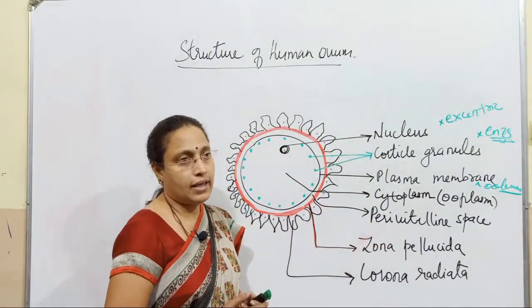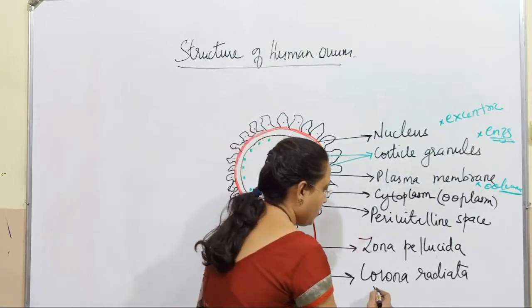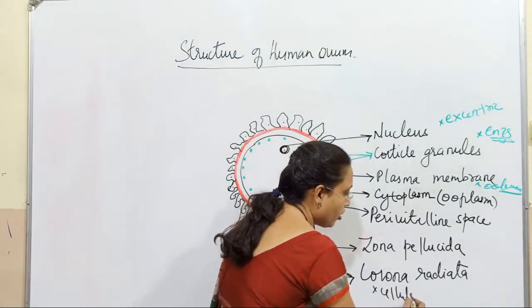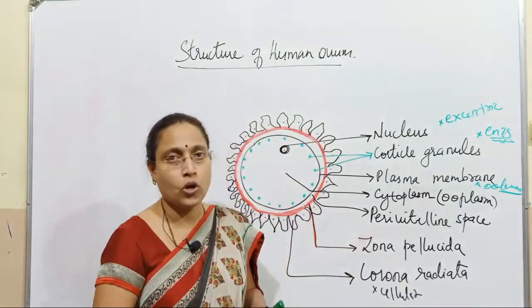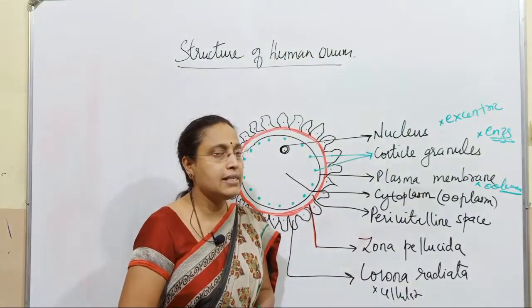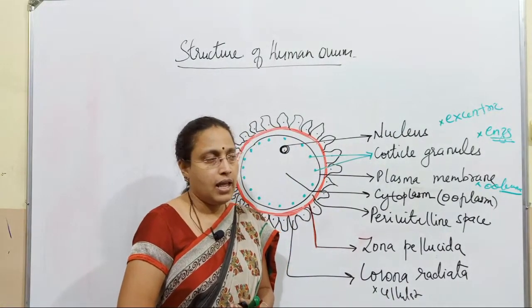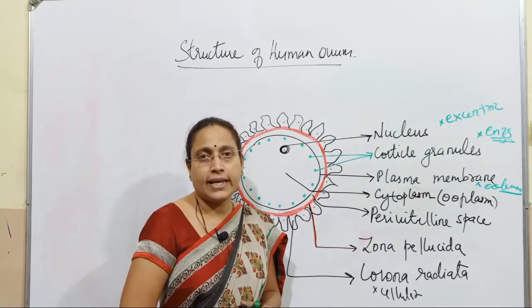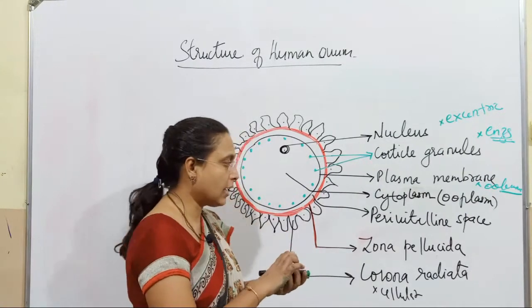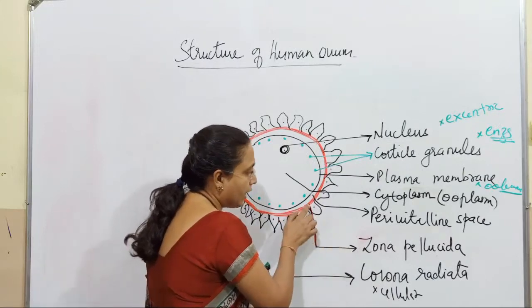It is the cellular layer. Non-cellular layer is zona pellucida, whereas corona radiata is a cellular layer. And it is derived from follicular cells. So some of the follicular cells remain bound to the zona pellucida.